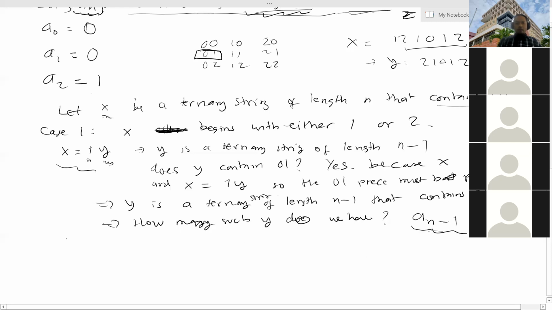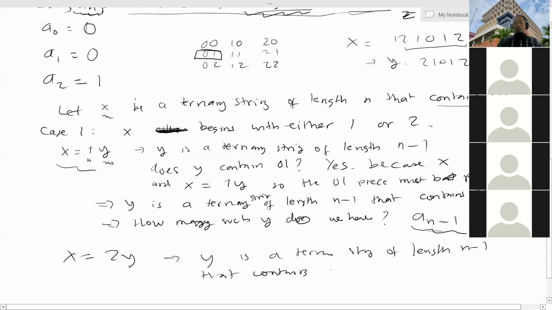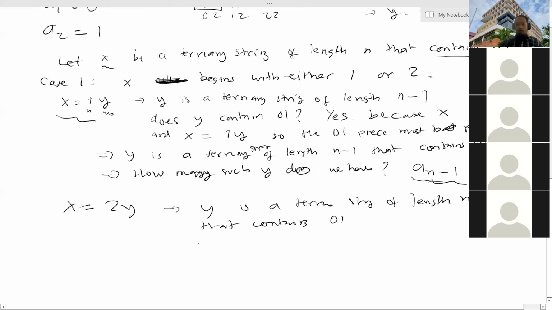Similarly, if X is 2y, then y is a ternary string of length n minus 1 that also contains 01. Therefore, there are A(n-1) such ternary strings.